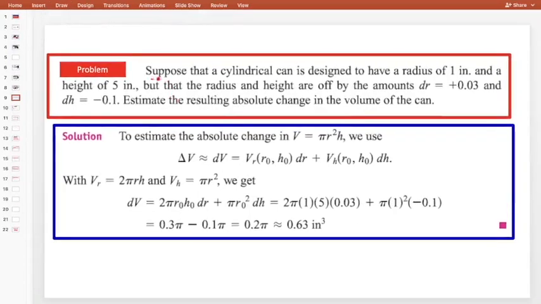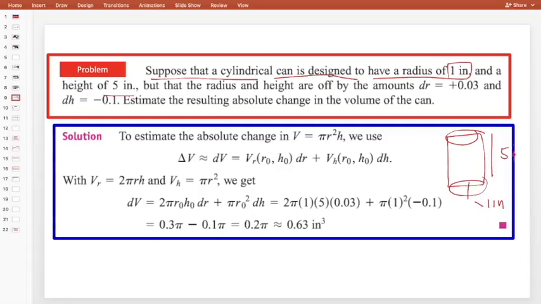This question says, suppose that a cylindrical can is designed to have a radius of 1 inch, right? Let's suppose a cylindrical can is given like this, and its radius is 1 inch, and the height is 5 inch. But the radius and height are off, meaning changed by which amount?